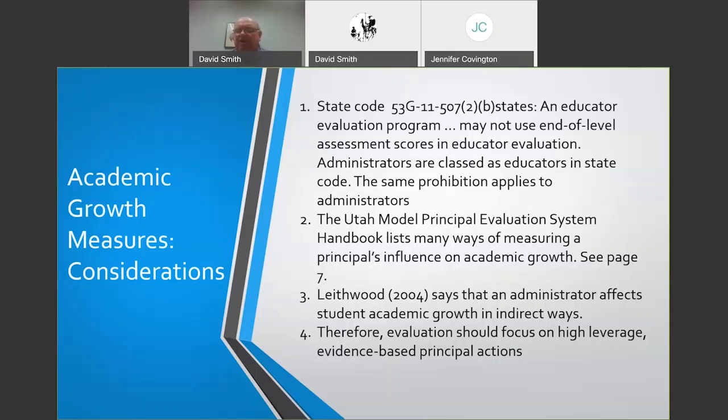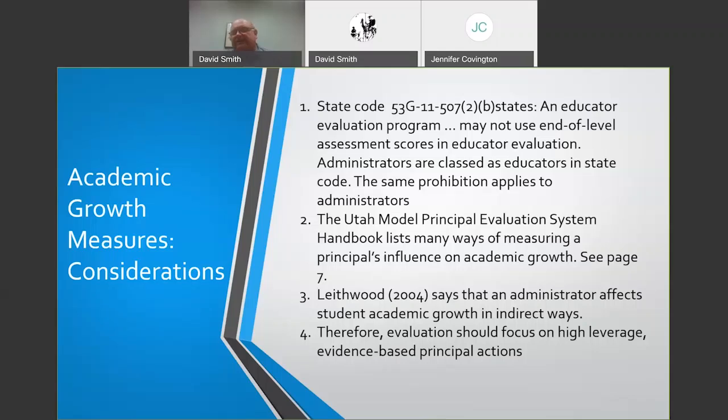So the first consideration that we came up with was in state code. It says that an educator evaluation program may not use end of level assessment scores in educator evaluation. Now, you know that from teacher evaluation, but what a lot of us don't realize is that that also refers to administrators.